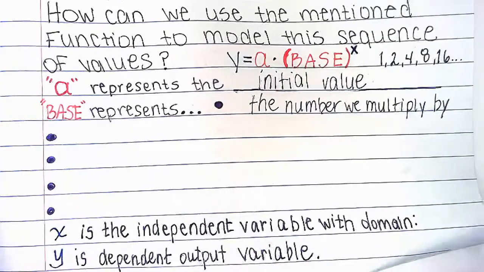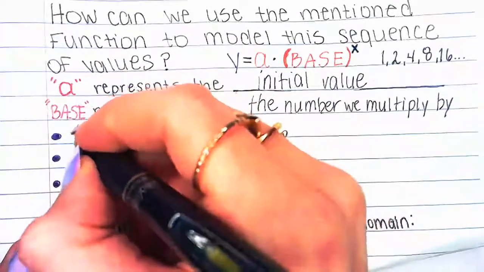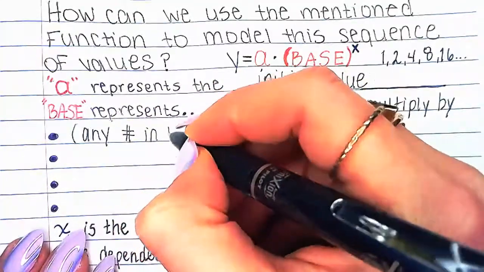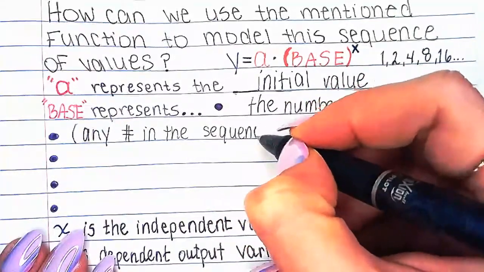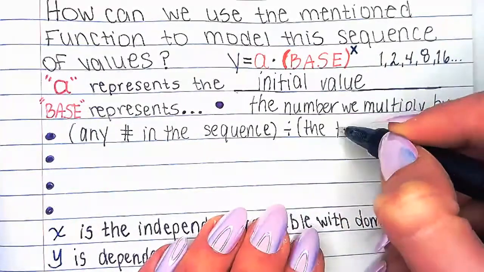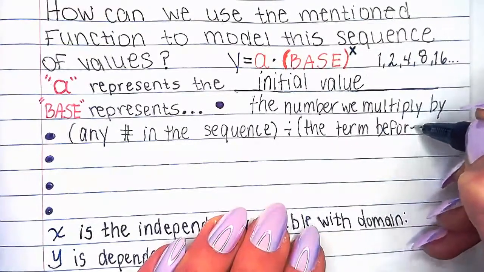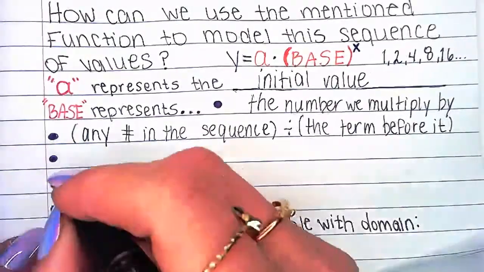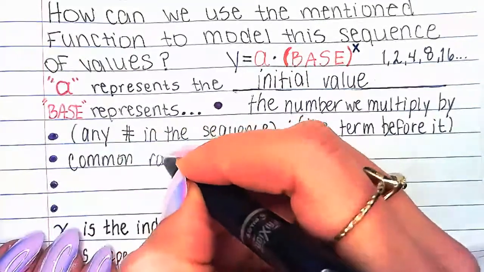Another way we can get it and calculate the value of it is any number in the sequence of values that we came up with, divided by the term before it. So sort of undoing where it came from. Another thing we can list for a bullet point is we can call it the common ratio.